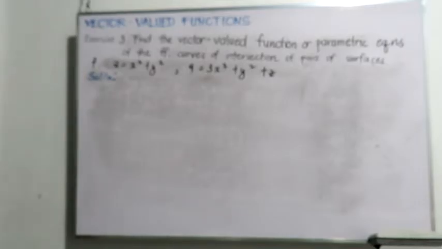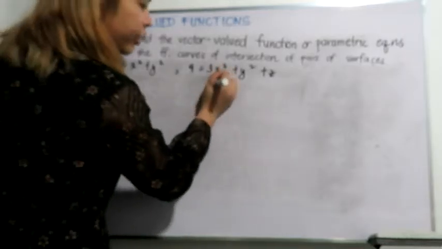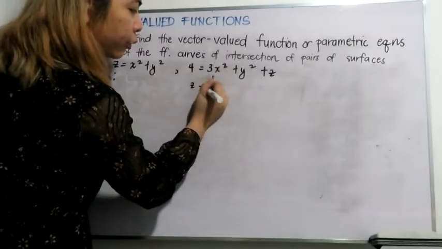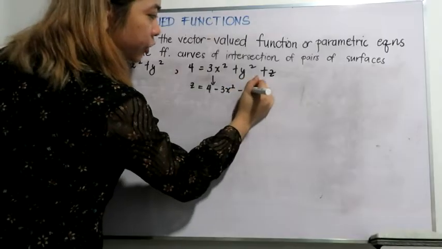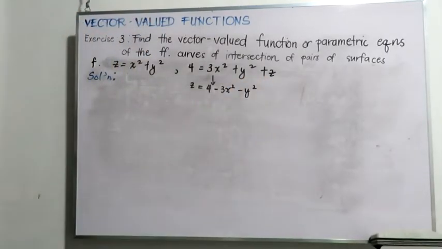For this example, note that the second equation can be written as z equals 4 minus 3x squared minus y squared. Thus, we obtain two equations which are both equal to z.